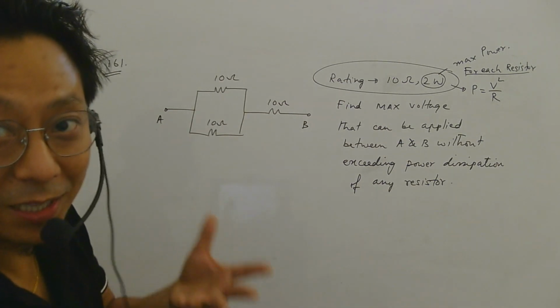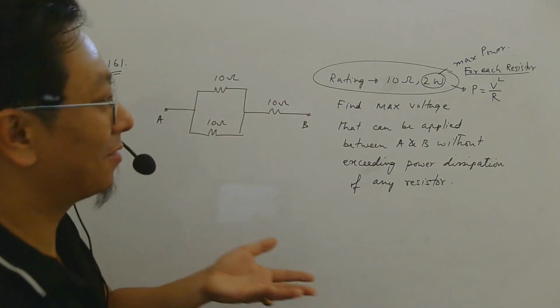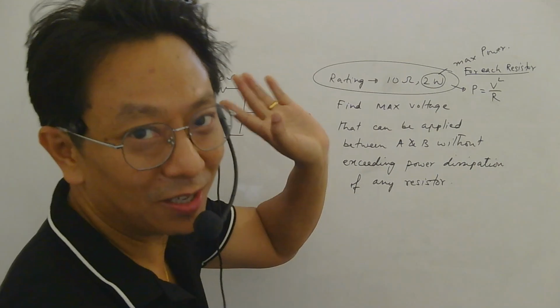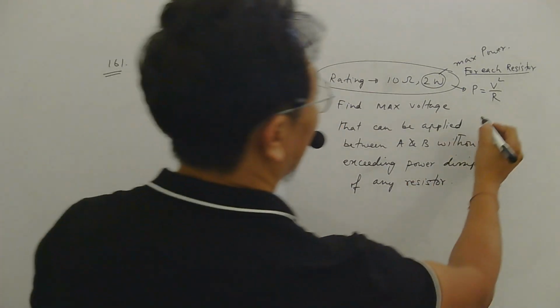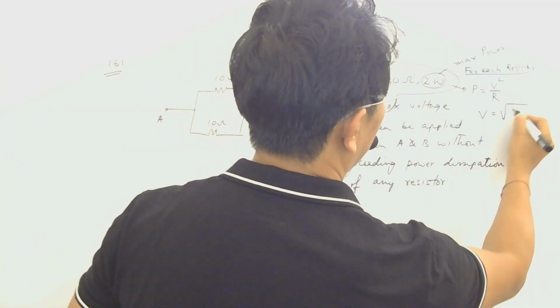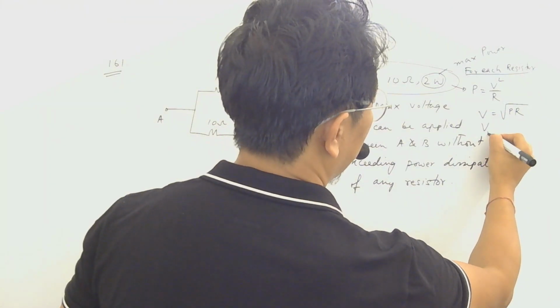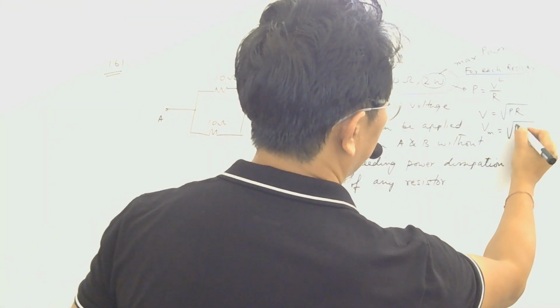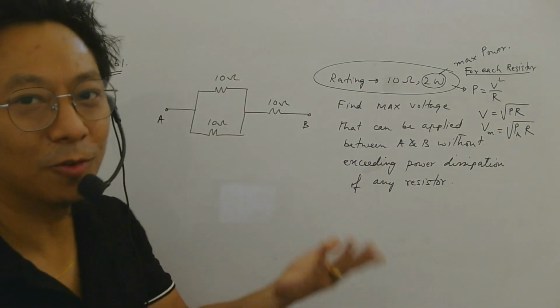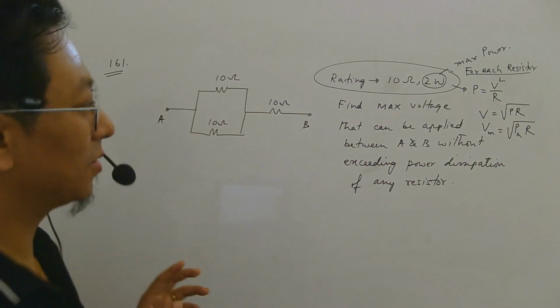So how much maximum voltage can you apply? That formula will be connected by this only, P equal to V square by R. So V will be what? Under root P into R. So V maximum will be under root P maximum into R. Obviously R doesn't depend on voltage or power consumed.